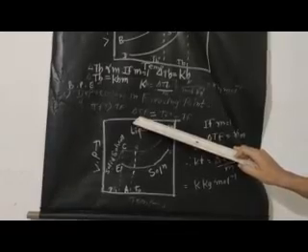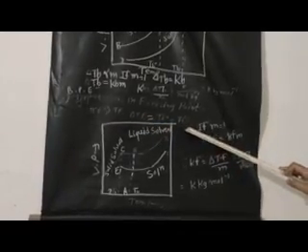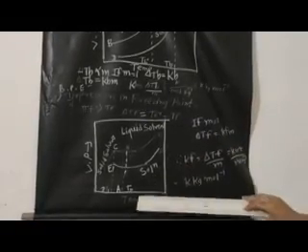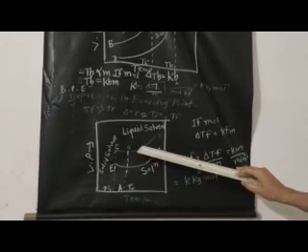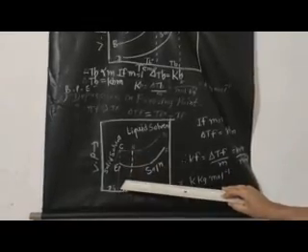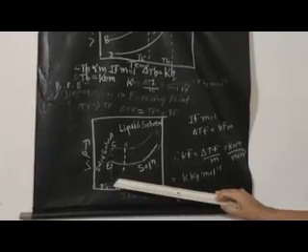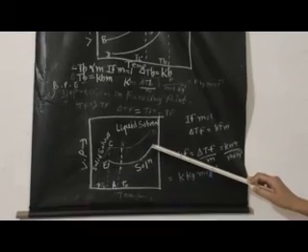Hence the depression in freezing point is equal to Tf⁰ minus Tf. In this graph, AB is the vapor pressure curve of the solid solvent, CD is the vapor pressure curve of the pure liquid solvent, and EF is the vapor pressure curve of the solution.